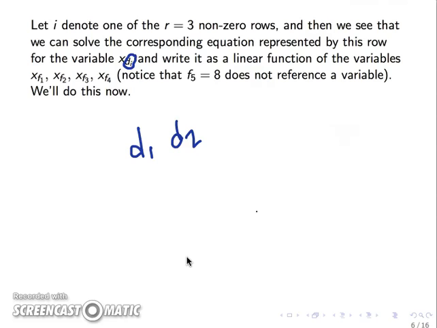Okay, so we're going to split the variables into 2 groups. And in particular, those variables corresponding to indices on the D set are going to be called dependent variables. And we're going to write the dependent variables in terms of the other variables with indices on the F set.